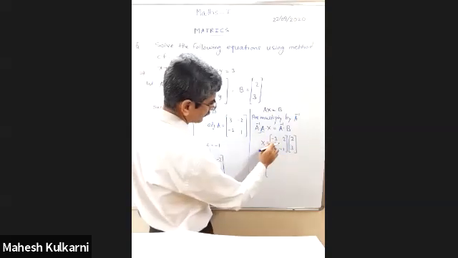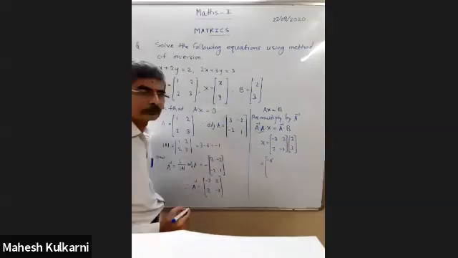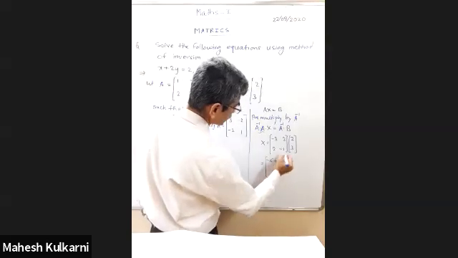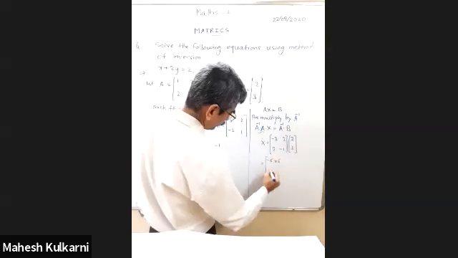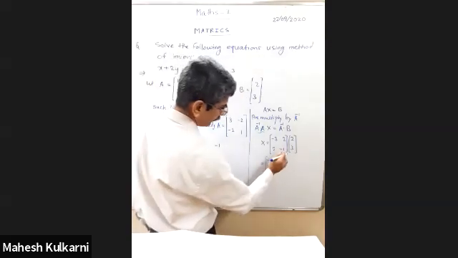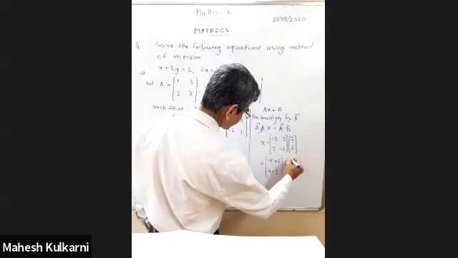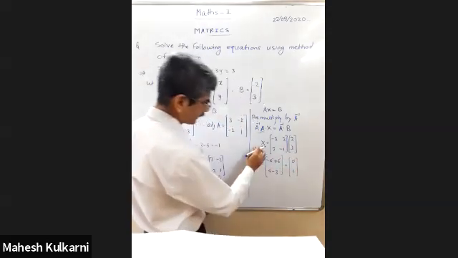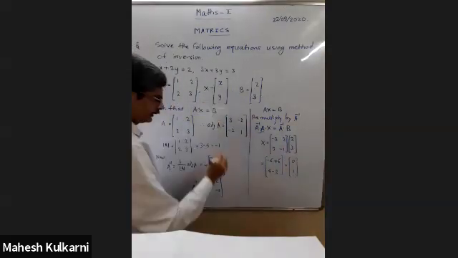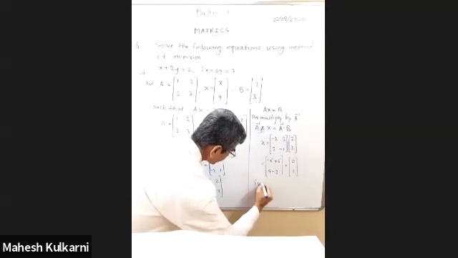Multiplying, this minus 3 into 2 is minus 6, plus 2 into 3, 2 into 2 is 4, and minus 1 into 3 is minus 3, and that is 0, 1. Now what is X? X is a column matrix, that is, the matrix of variables.